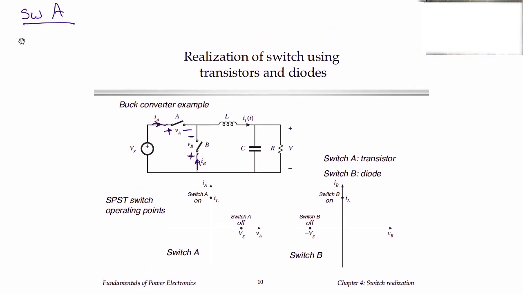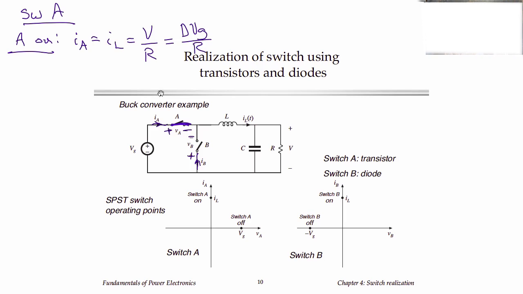Okay, so when the switch is on, so we have A on and B off, you can see the current that switch A conducts is the inductor current. So IA equals IL. Now we've already solved this converter previously, and we know that the inductor current IL is the load current. So IL is the load voltage over R, which is the load current, and V is D times VG.